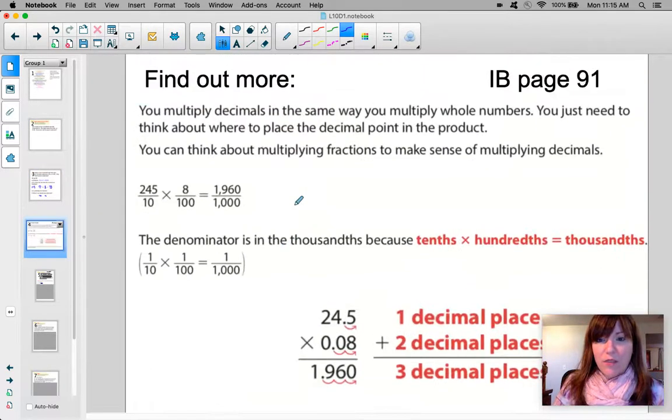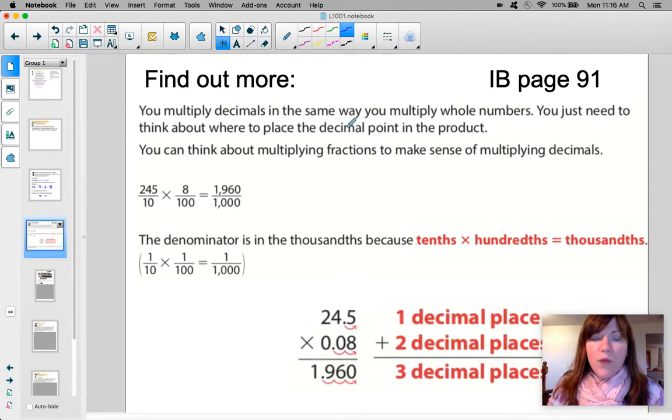And this is from your instruction book, page 91. You multiply decimals in the same way you multiply whole numbers. I showed you the fraction piece, and you can think about that fraction multiplication to help you make sense of where the decimal point should go. That's why I'm focusing a little bit on fractions to get us started.